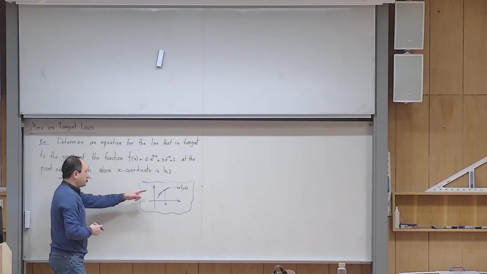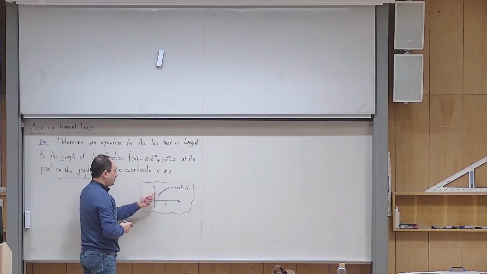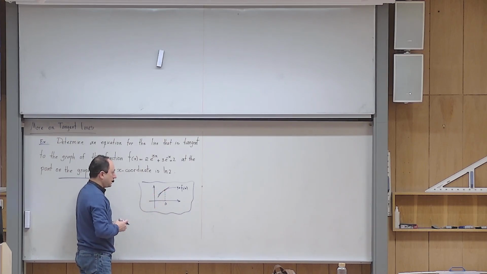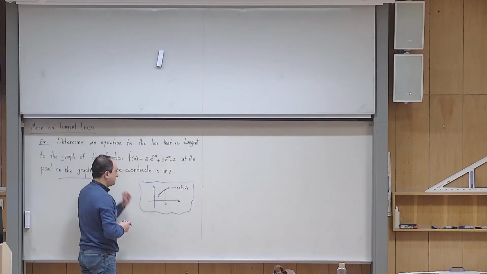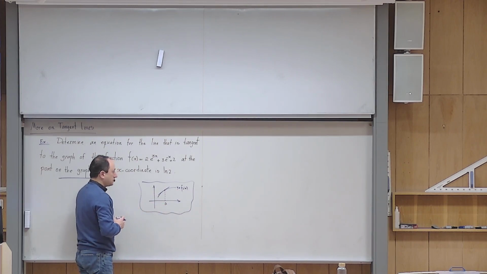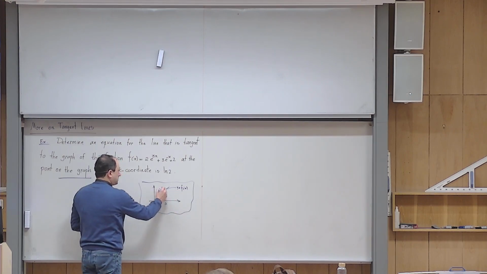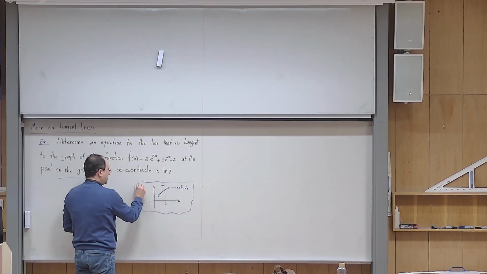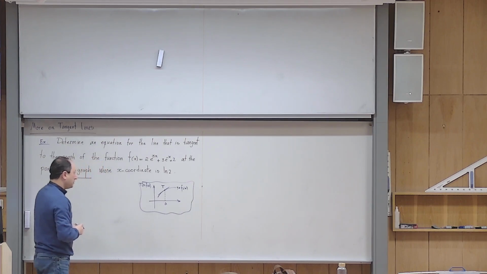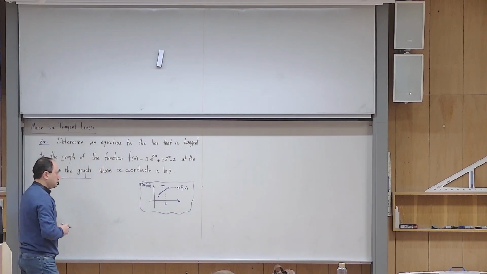If I want to find an equation for this, I need a point, which of course I have, because the function is given, this x coordinate of the point of tangency is given. You put this number here, you find the y coordinate. So if I call this T, you already know that T is a and f of a. So you do not have any problems with the coordinates of the point.